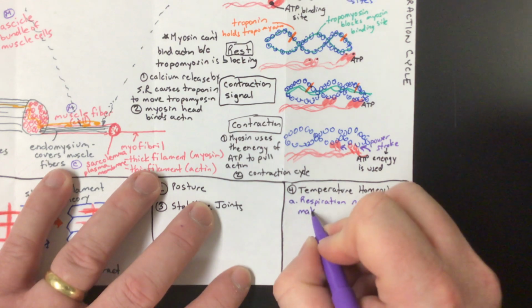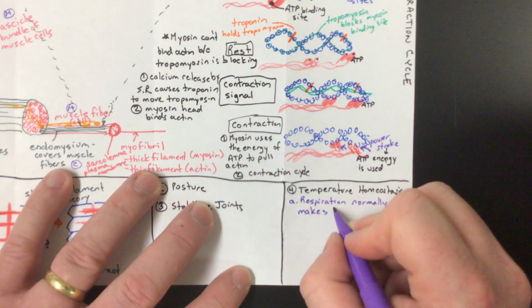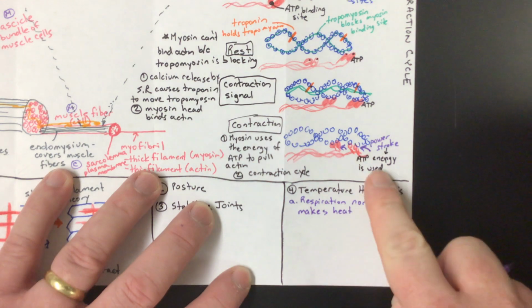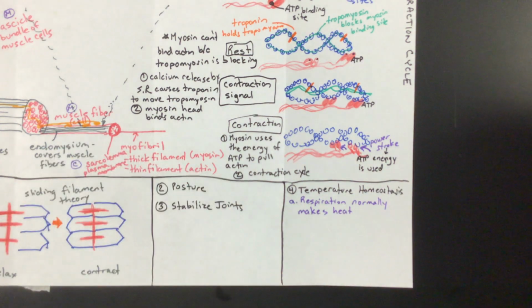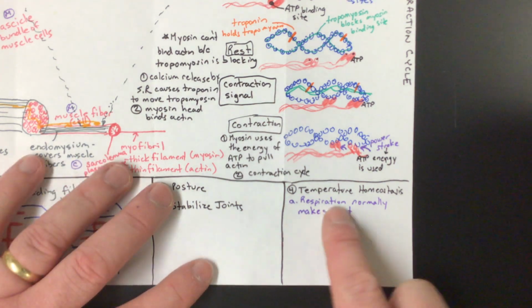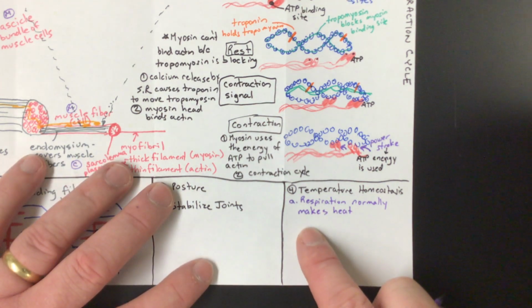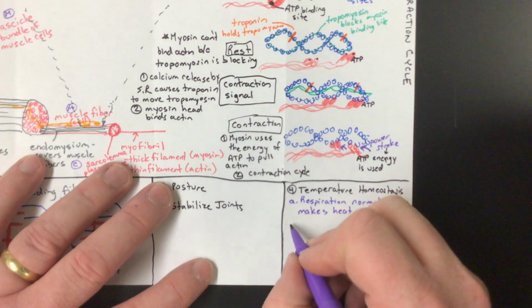And your muscles, when they contract, we talked about how your muscle uses up ATP. So that means to make more ATP, your muscles are doing a lot of cell respiration, giving off heat as a byproduct. So you're constantly giving off heat, whether you like it or not.